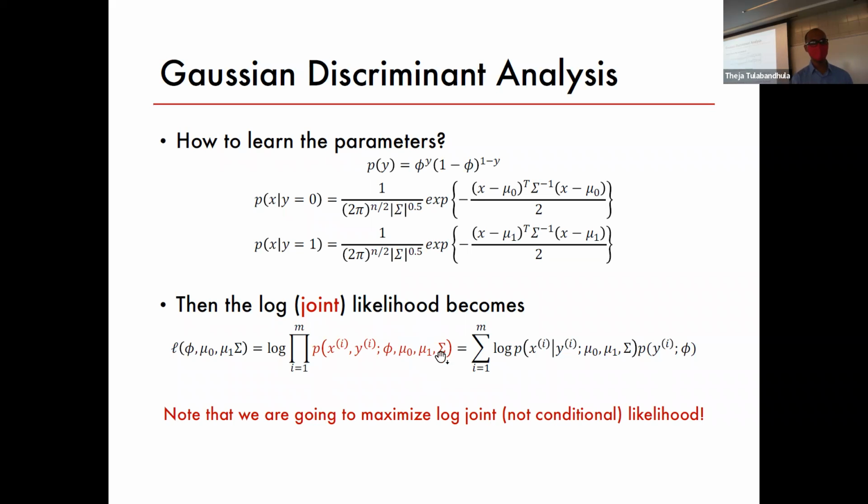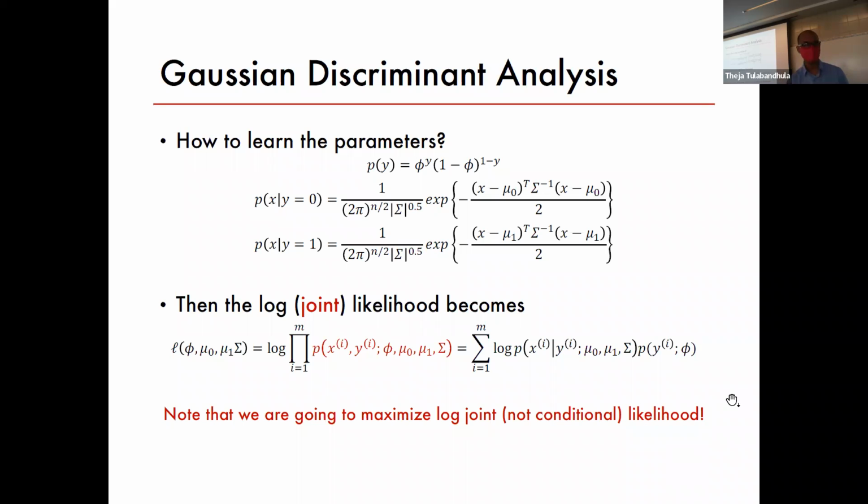As you know, this joint probability can be split into the probability of the class, times the probability of the feature given the class. These two parts are exactly specified here. So p of y is exactly this, and p of x given y, depending on whether y is 1 or 0, is exactly given by these messy Gaussian distribution expressions, and we can just maximize the log likelihood of the joint distribution.